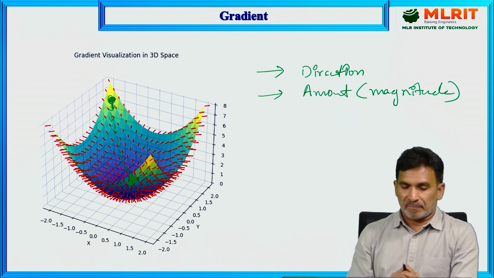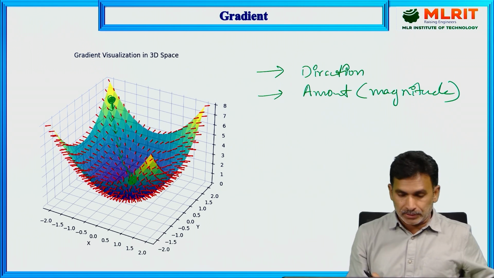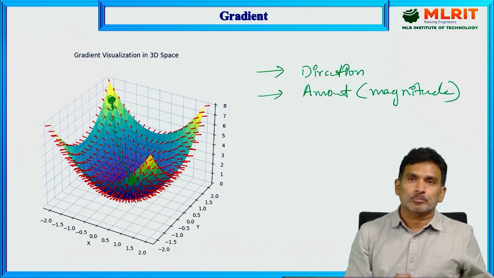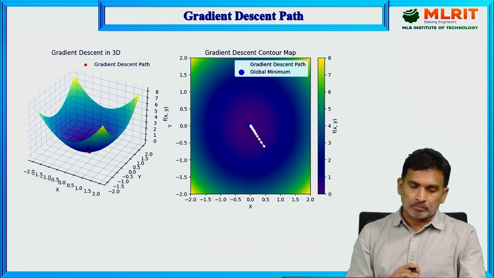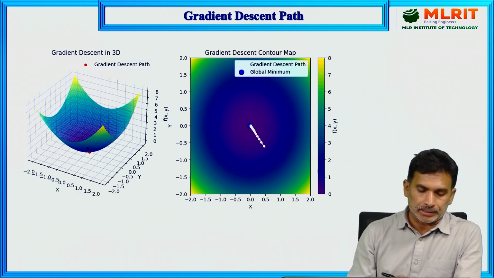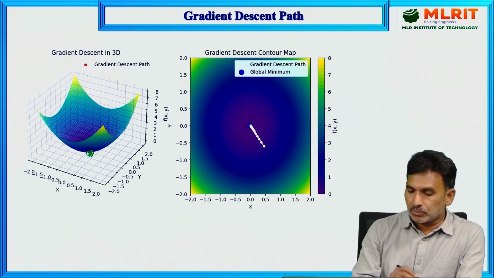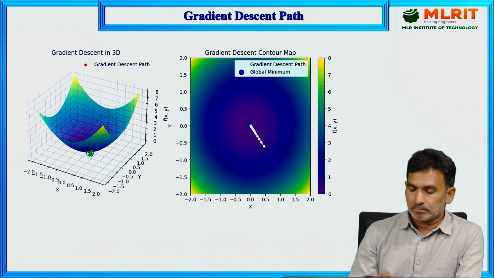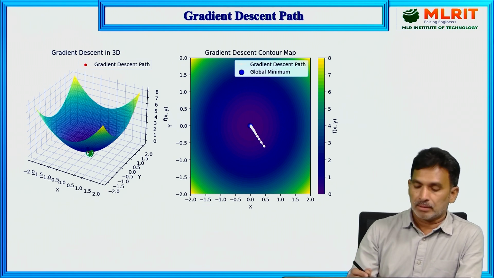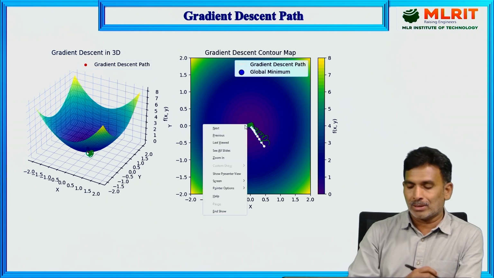That is the way the gradient helps us in deep learning to reach the optimal solution. Same as the gradient in 3D space, this is the optimal solution. This is a contour representation of the different steps to reach the global minimum. These are the different steps performed before reaching the global minimum.